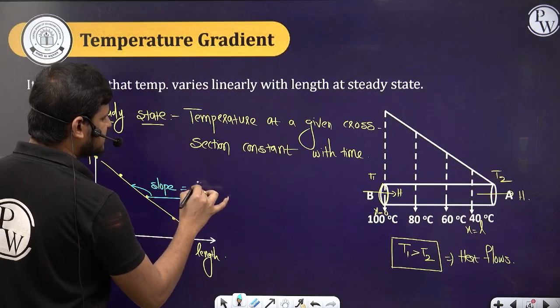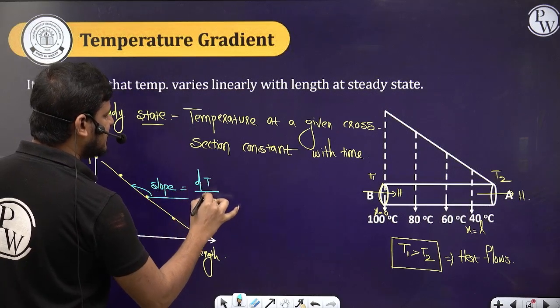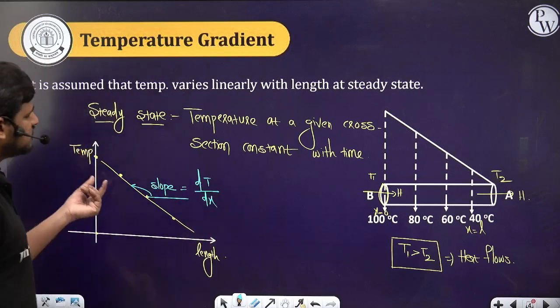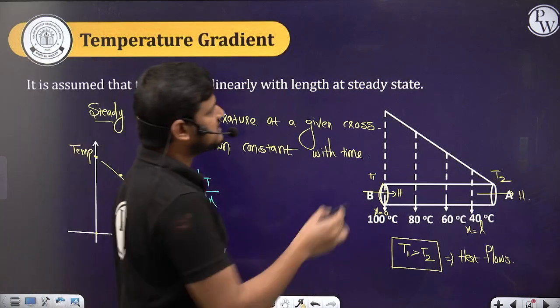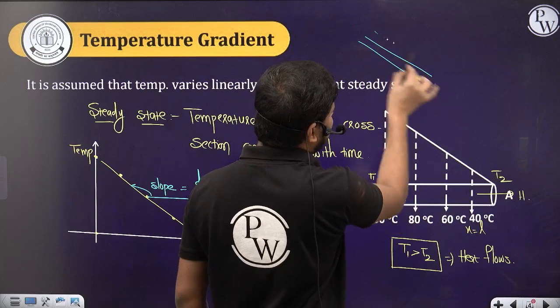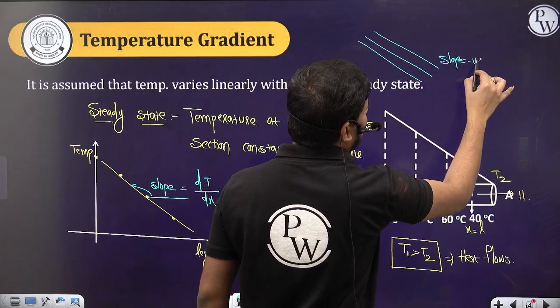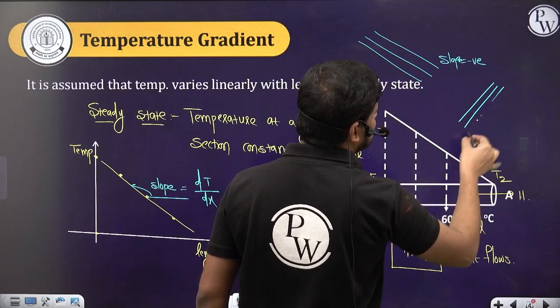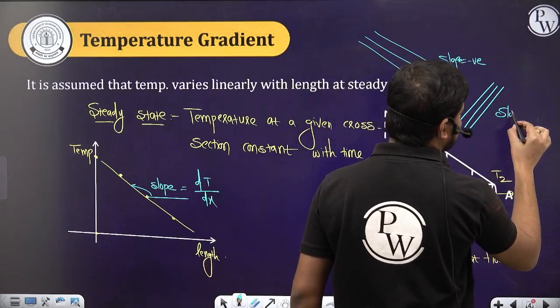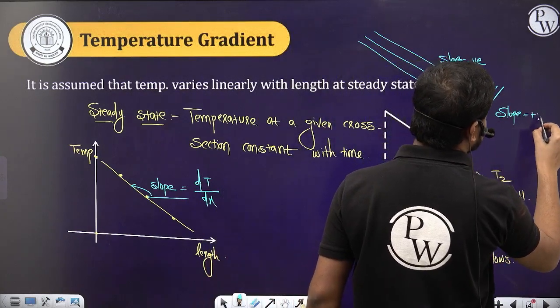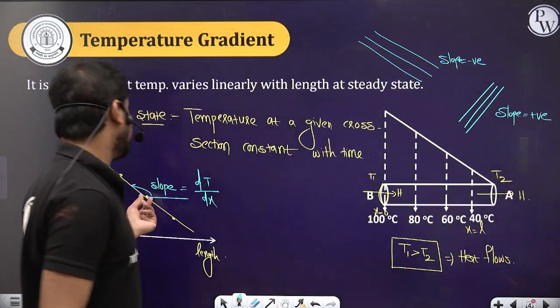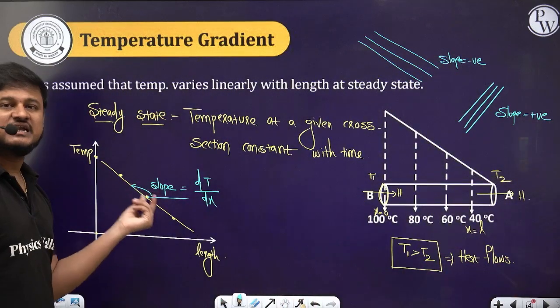So this slope is given as dT by dx. You can observe that if the lines slant towards the right, the slope is considered negative. And if the lines slant towards the left, the slope is considered positive. Here this angle is an obtuse angle, the slope is tan theta.